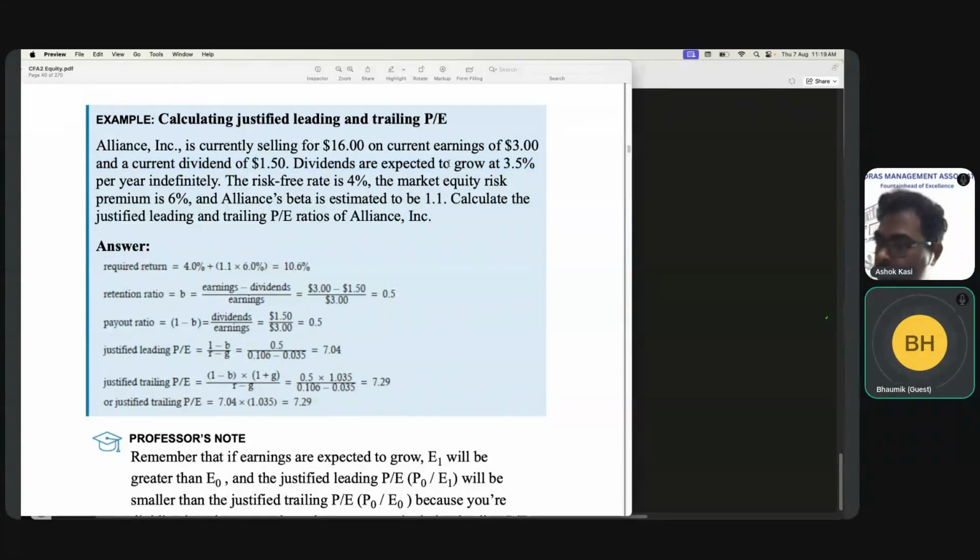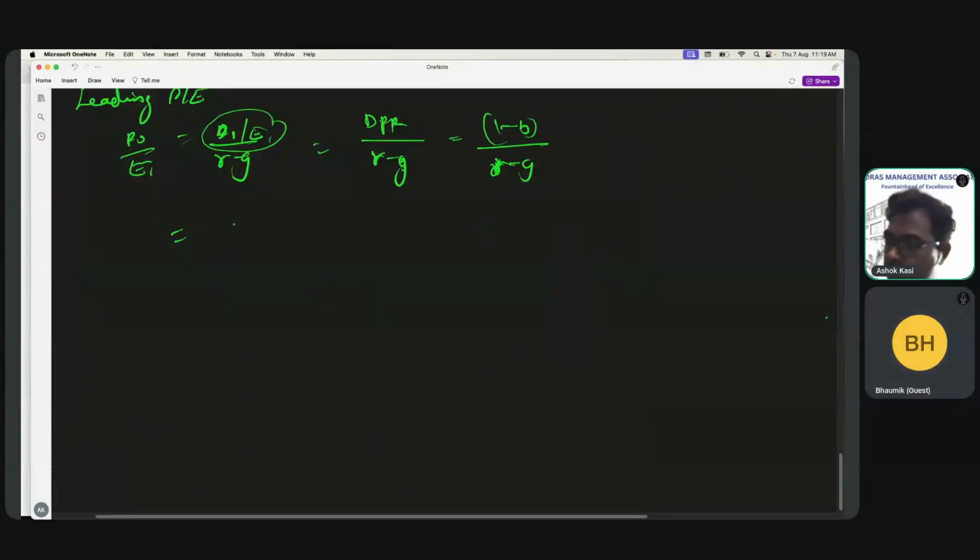Dividends are expected to grow at 3.5 percent per year indefinitely, and expected earnings also in the same way.